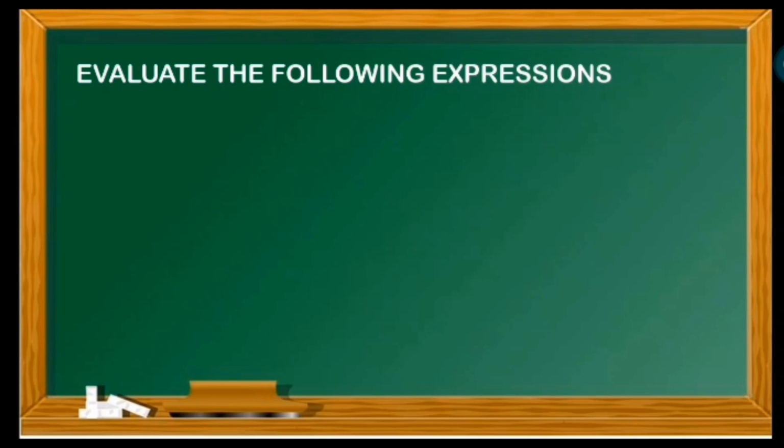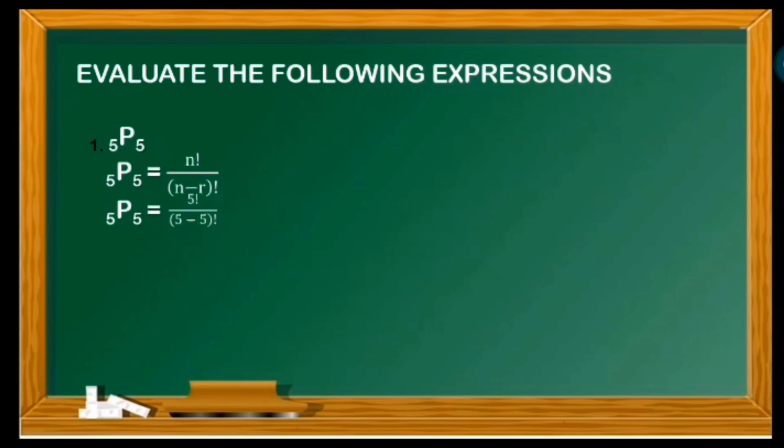So evaluate the following expressions. First, 5P5. So what is our n? Our n is equal to 5 and our r is also equal to 5. So what is our answer? Based on the previous discussion, since our n and r are equal, the answer will be n factorial.